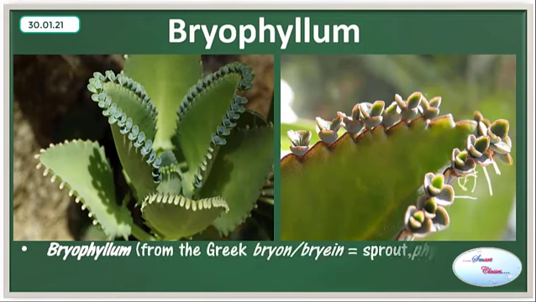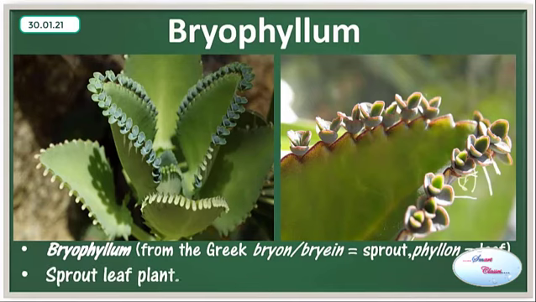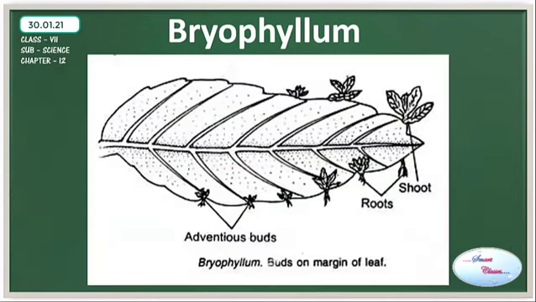Bryophyllum. Bryo means sprout and phyllum means leaf. So that's why we call this plant the sprout leaf plant. This plant has buds in the margin of leaves. If the leaves of this plant fall on moist soil, each bud can give rise to a new plant.